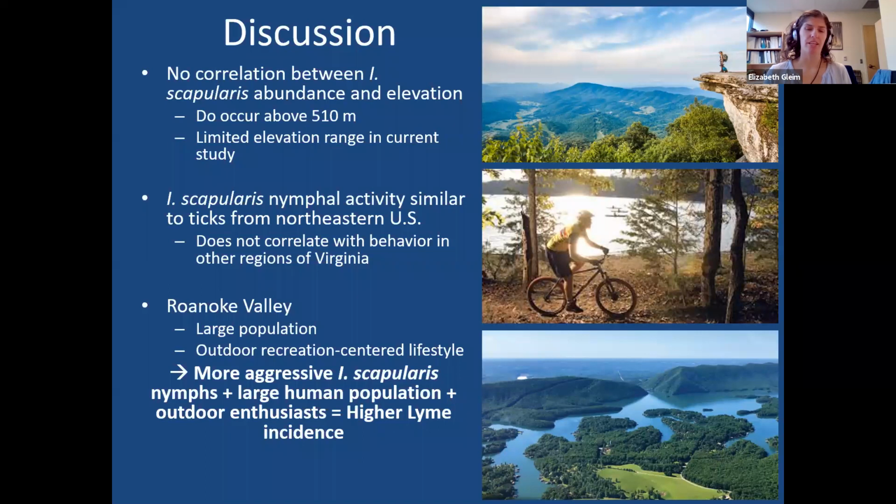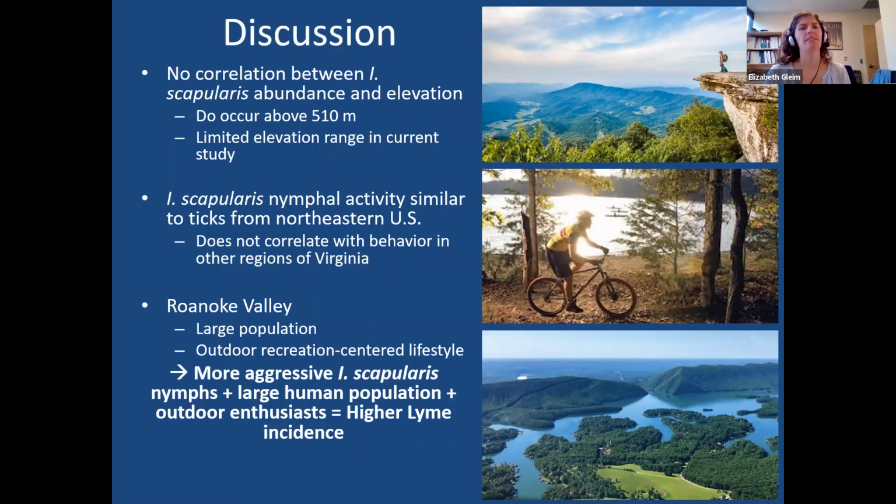And that seems to correlate with where we're seeing Lyme cases as well. So to answer this big question of what seems to be driving the emergence of Lyme disease here in southwestern Virginia, it certainly seems like part of it is this more aggressive questing behavior of our Ixodes nymphs.